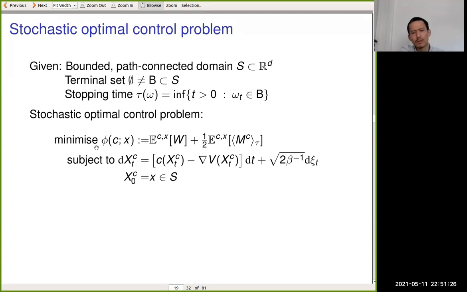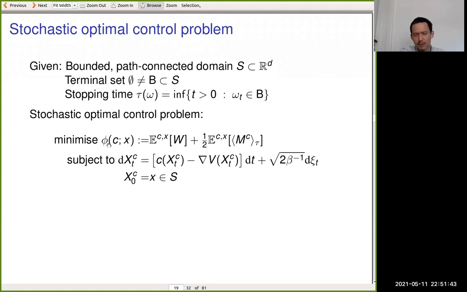Okay, so what I've proved, the results that I've shown in the later slides, are basically to show that this objective functional, phi, so let's fix little x. Now we're interested in a map that sends a control C to the value of phi(C, x).